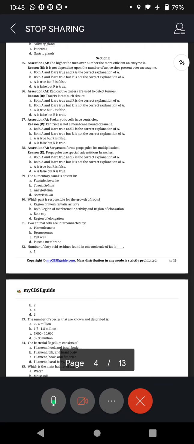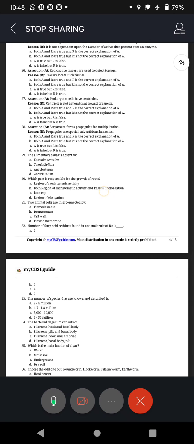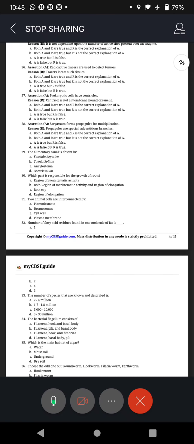Now, alimentary canal, digestive system. In which animal is the digestive system absent? Now he is giving biological names or scientific names, right? Like Taenia solium, Fasciola. These are all biological names.